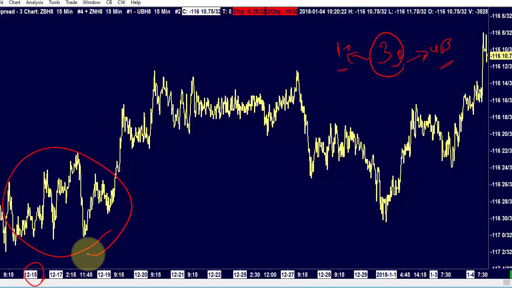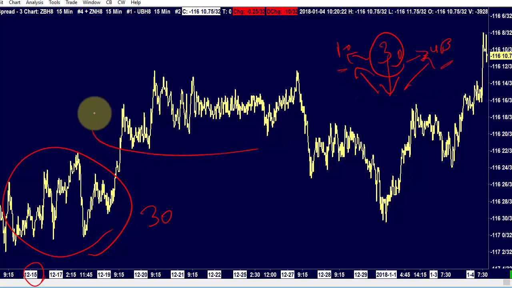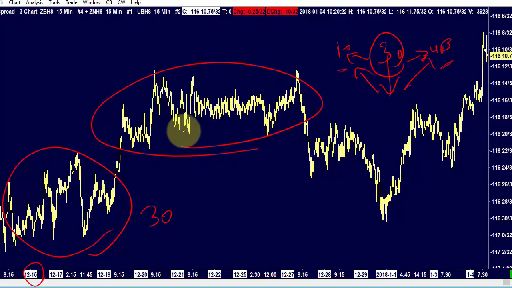Over here, the bond, the 30-year, was very inexpensive relative to the 10-year, relative to the ultra. When it got up here, it was relatively higher, right? Because the whole chart moved up. Got lower, cheaper, got higher, more expensive.